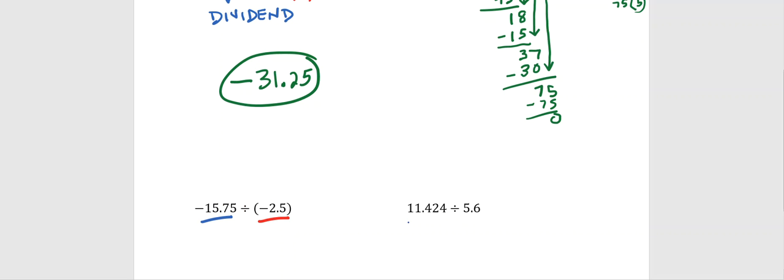So again, you'll put your dividend inside the house, your divisor outside the house, you'll adjust for your decimal points, both inside and out, and you'll account for the signs as you need to. So I want you to do those problems independently, and we'll check those in class tomorrow.